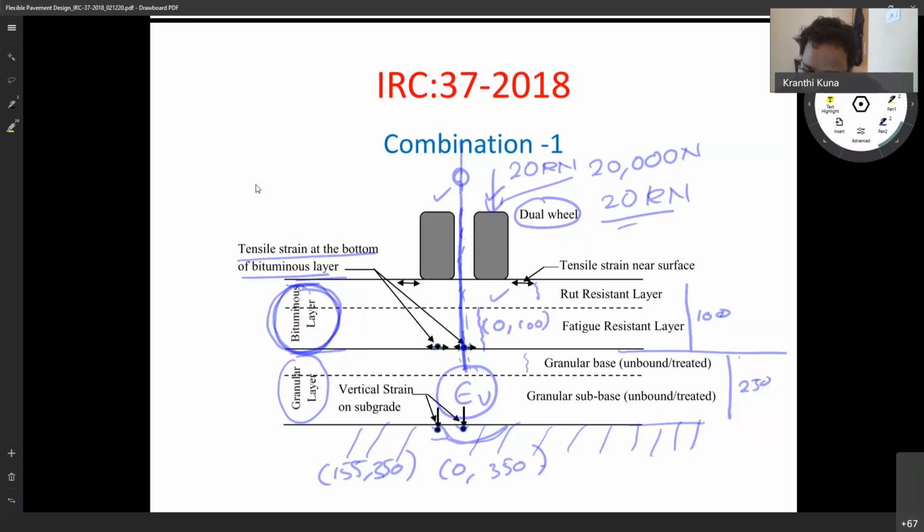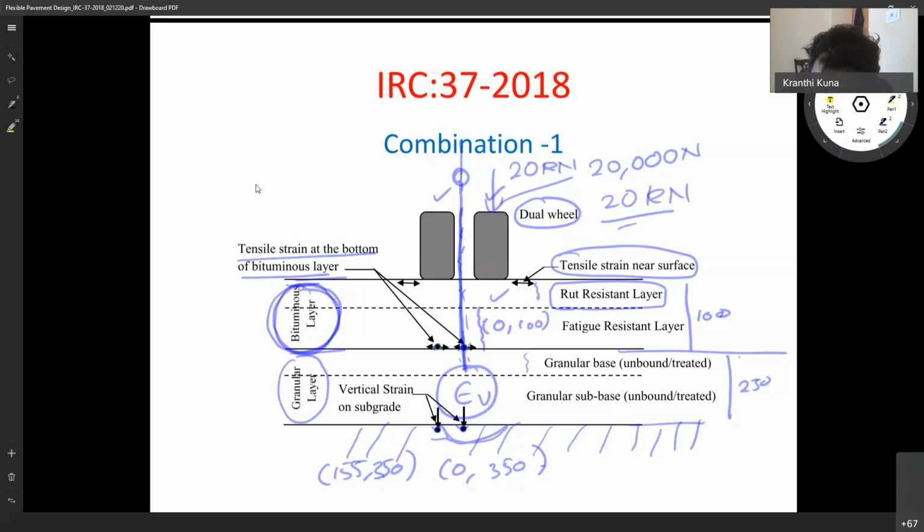But IRC 37 gives guidance on how to address top down cracking by selecting mix properties. We have rut resistant layers. For example, IRC 37 suggests using SMA, which is a rut resistant mix, when your traffic is beyond a certain limit.